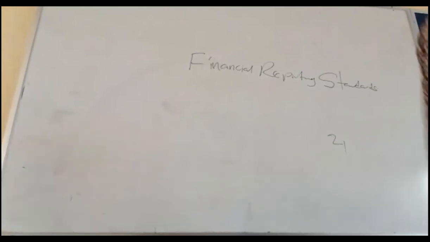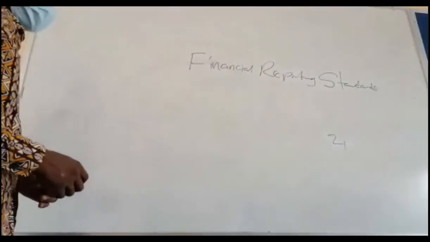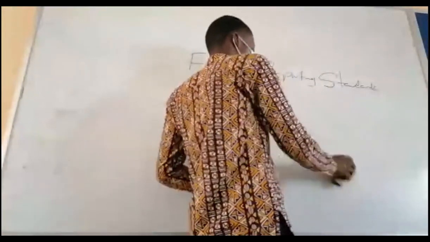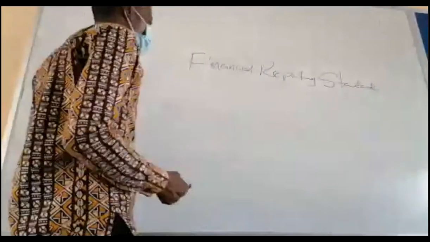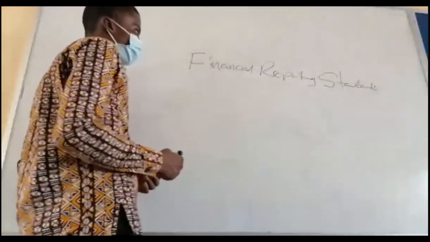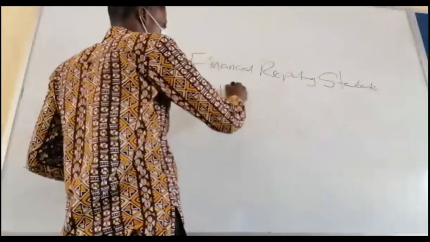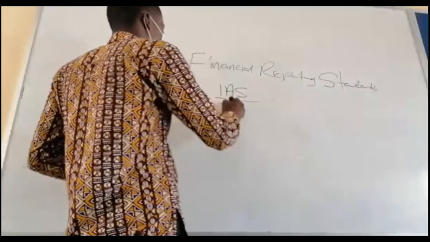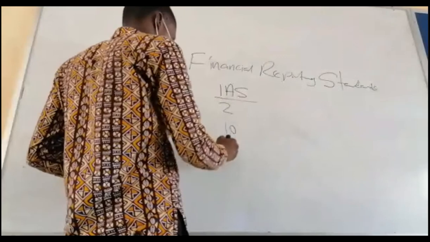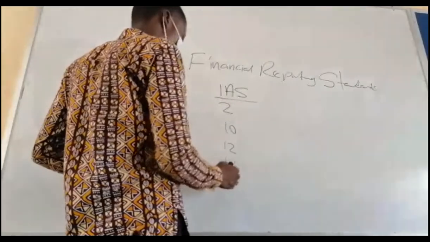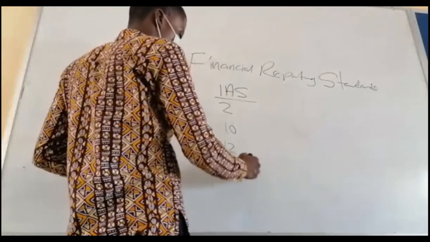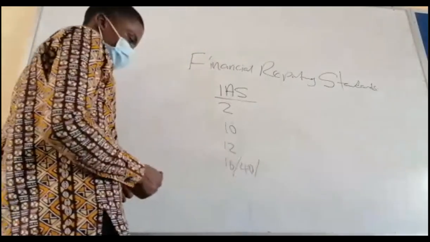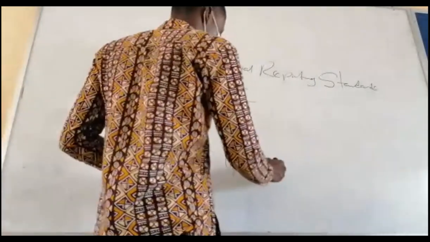Now let's continue. The standards are many. Which of them do we have to look at critically? We will probably have to look at these standards: IAS 2, IAS 10, 12, 16, and then 40, and then 38.